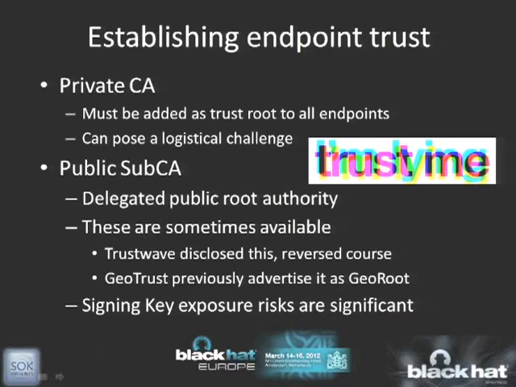This is the most common means of doing this, but it can be a logistical challenge. If you've got a large environment with thousands or tens of thousands of devices, just establishing that trust relationship can be burdensome. This is made more complex by the prevalence of mobile devices. Bring your own device, where you might not have any kind of management tools.